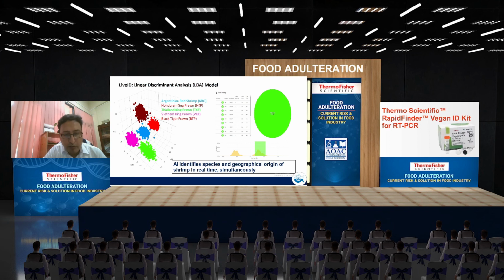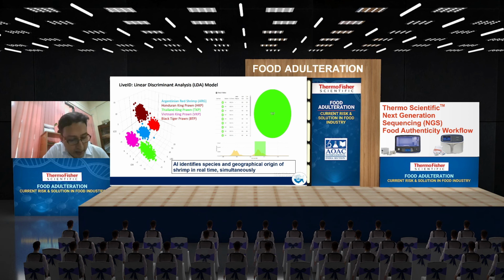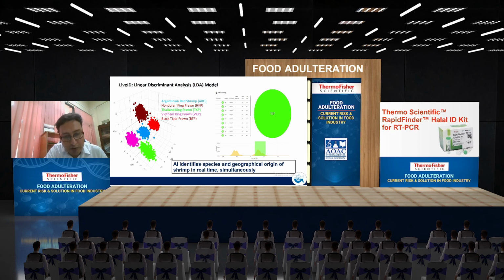So here, as you can see in this predictive model, we can clearly differentiate different shrimp species as well as deep prawn species originating from three different countries. This model was acquired with more than 5,000 spectra, and it was validated with a set of unknown samples, which could clearly authenticate those samples with almost 97% accuracy.